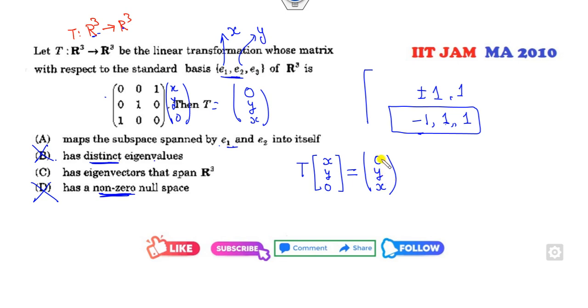But here the first component is 0. So what is the meaning of that? When x is 0, it means it is the yz plane. But he said the xy plane, but we get the yz plane. So the only option left is C, which is right.